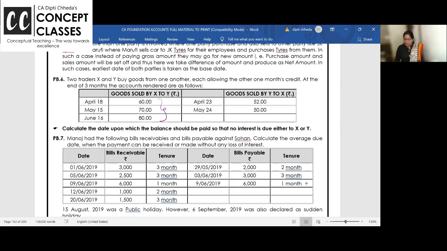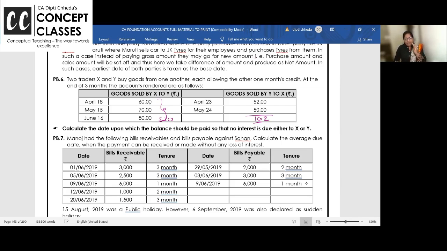See, I have to pay you 60, 70, 80. Together, how much is this amount coming? 210. I should pay you 210. You should pay me 102. So let us adjust it on such a day where neither of the parties is at a loss.